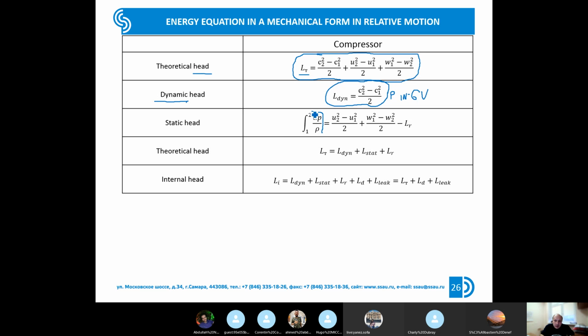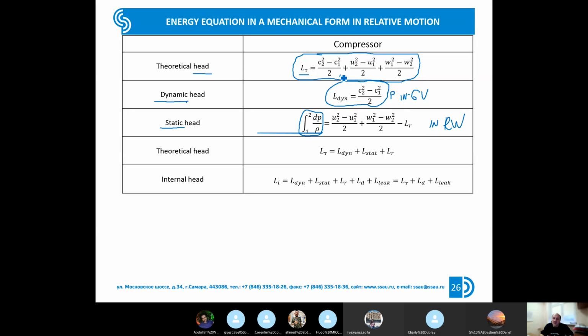The change of pressure, the change of potential energy of the flow, is described by the energy equation in mechanical form in relative motion, and this specific work is called static head. It's the change of potential energy of the flow. In other words, the dynamic head is the change of kinetic energy of the flow. The static head is the change of potential energy of the flow. And this conversion of energy takes place in the rotor wheel.